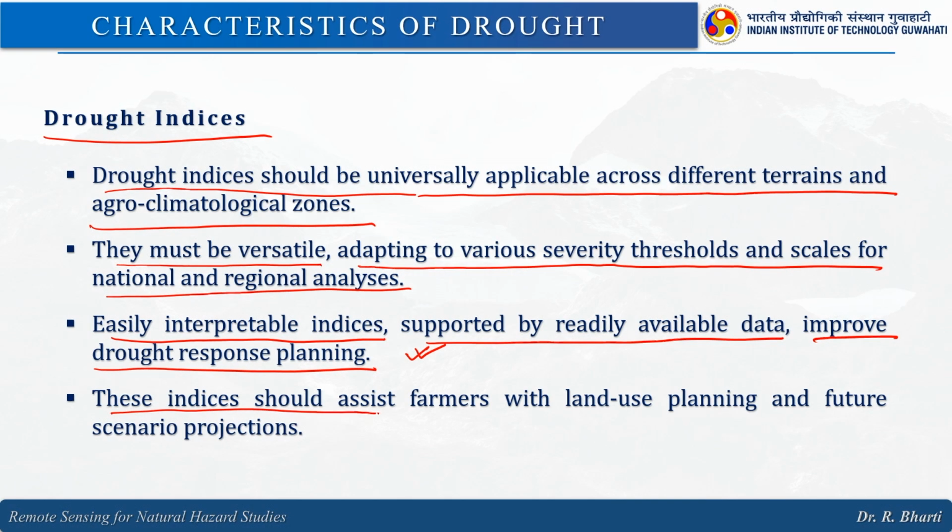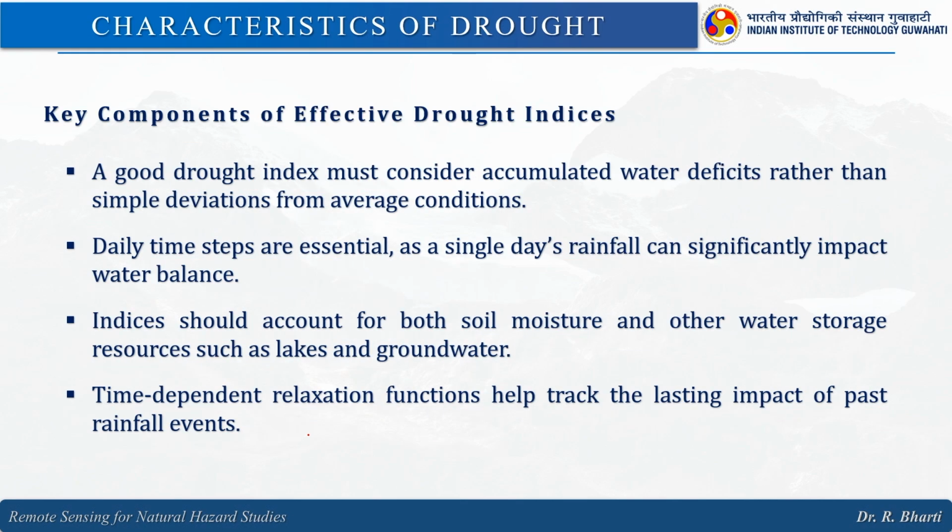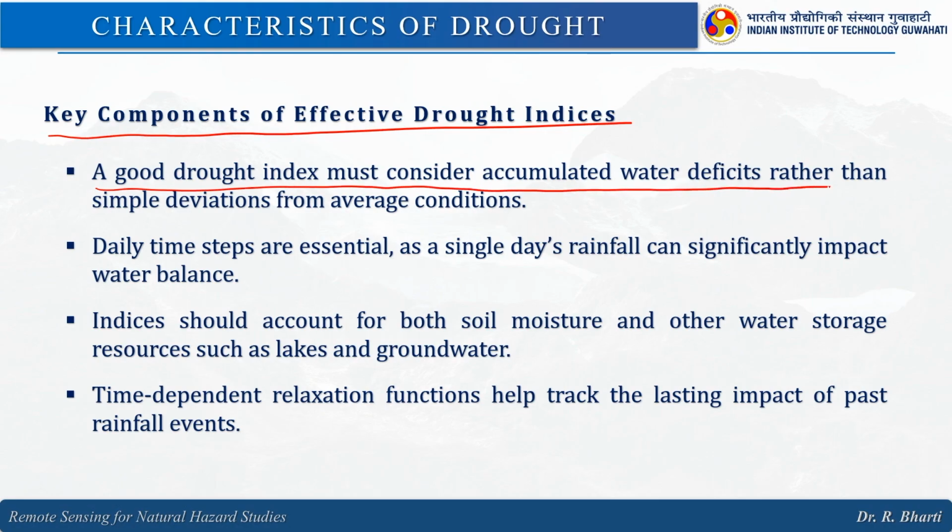These indices should assist farmers with land use planning and future scenario projection. So, ultimately we need to inform the farmers and then our situation will be managed. Key components of effective drought indices. A good drought index must consider accumulated water deficit rather than simple deviation from average condition.